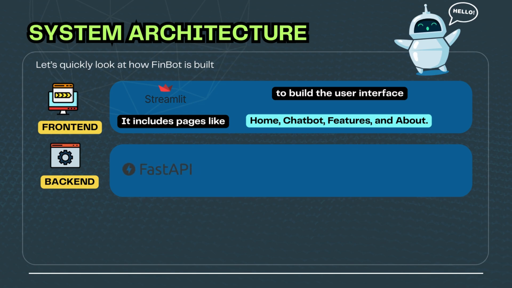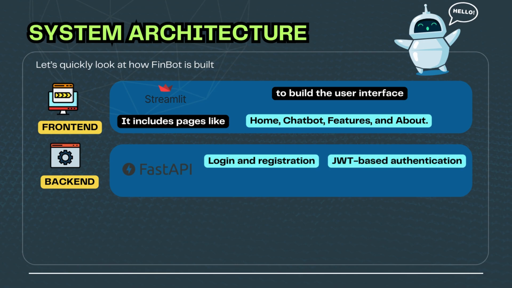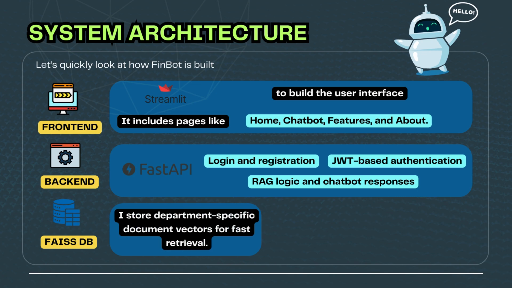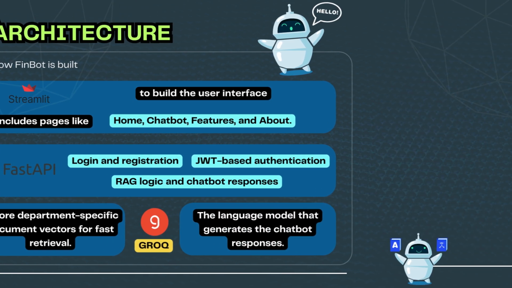It handles login and registration, JWT-based authentication, RAG logic, and chatbot responses. Next, I have used FAISS. This is where I store department-specific document vectors for fast retrieval. And finally, for the LLM, I have used Groq, the language model that generates the chatbot response.